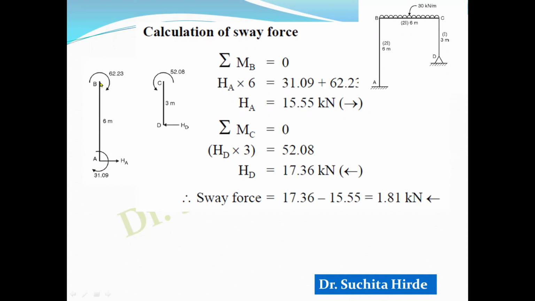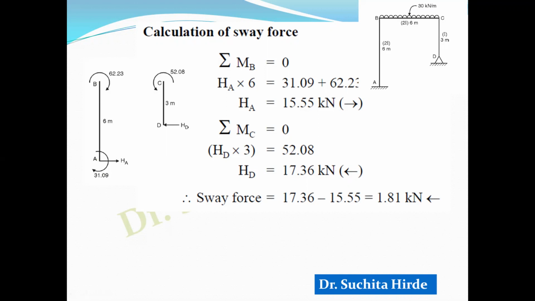Actually, when we draw the free body diagram, we have to show three forces at every joint. So here there are three forces. Here also there are three forces. But we are taking moment about B equal to 0. And since the moment of this vertical force, horizontal force, and this vertical force is 0 about this B, therefore I have not shown these forces.